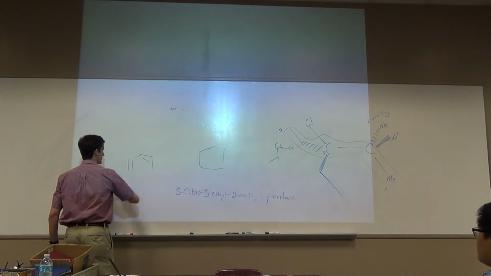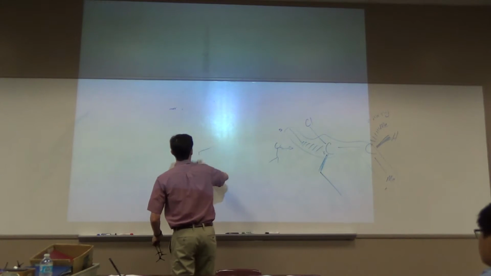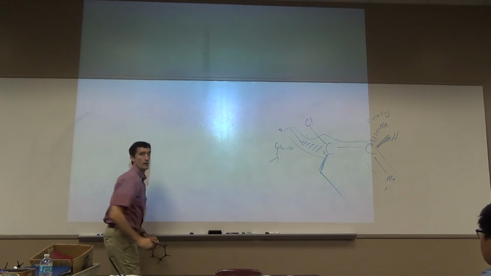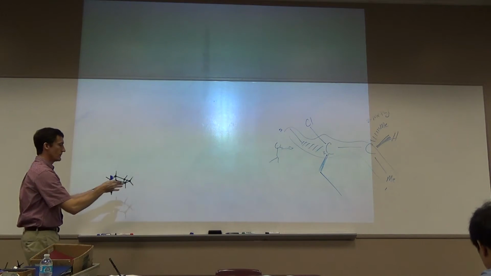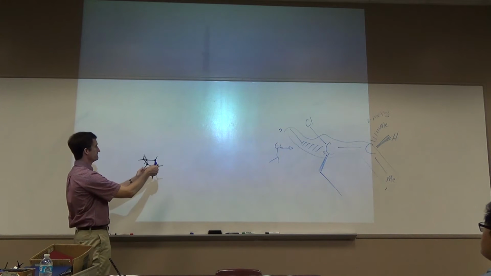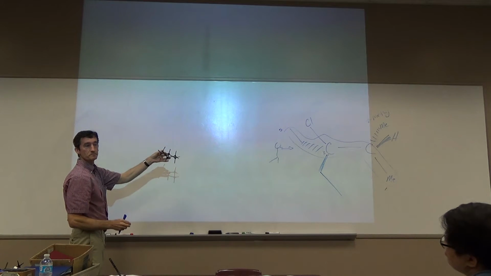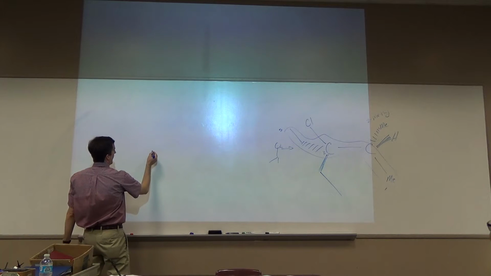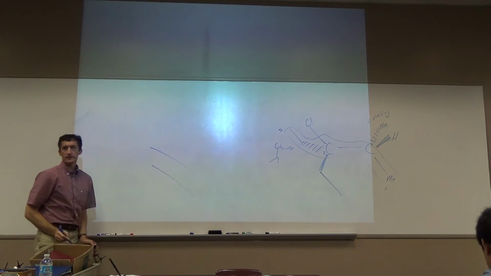How do we draw chair conformations on the board? So draw that on the board. Here we go. Draw two lines sort of like this.